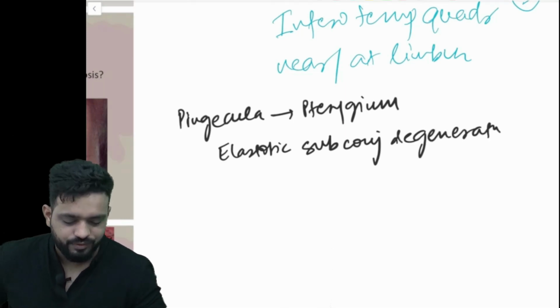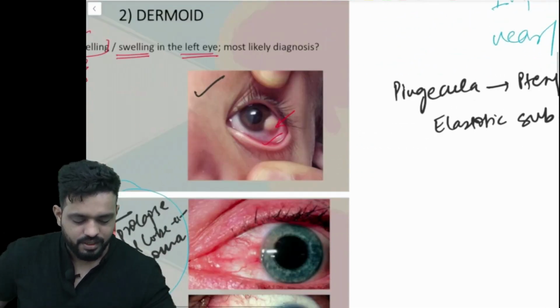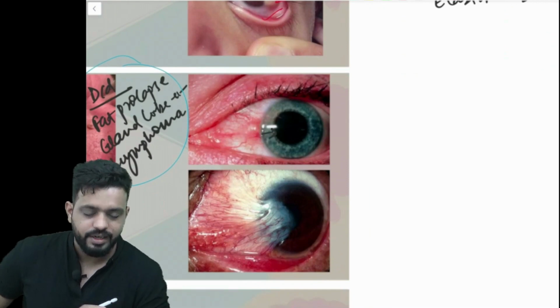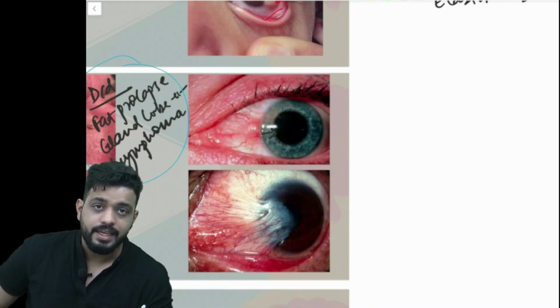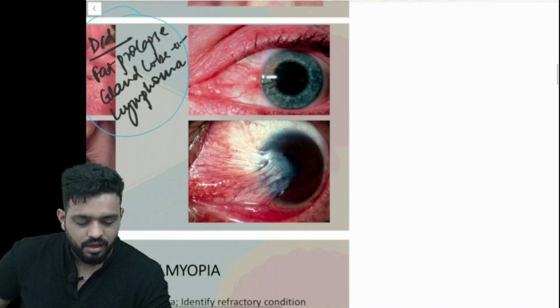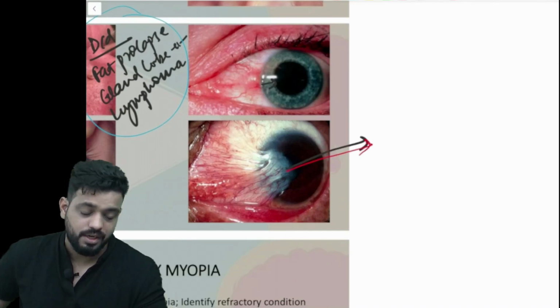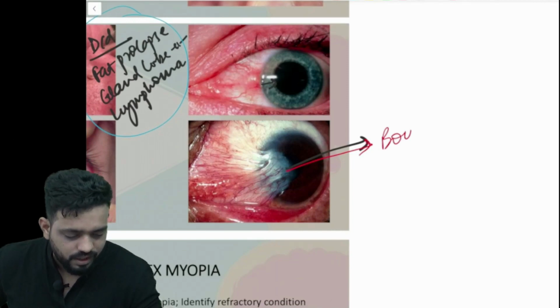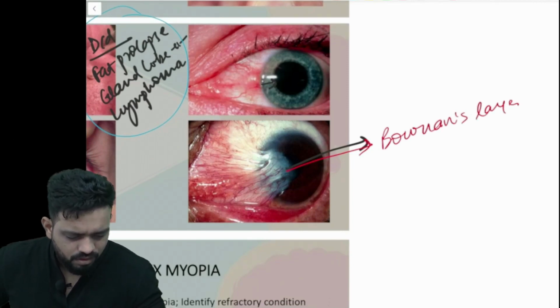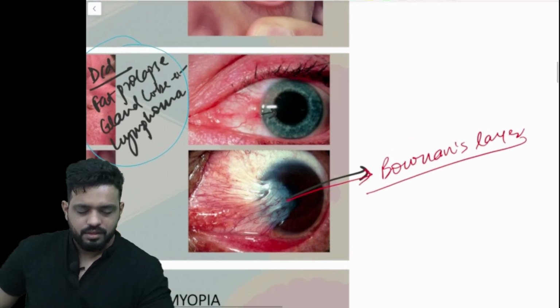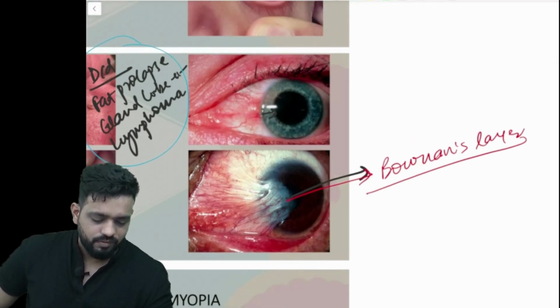The only difference is that pinguecula has not invaded the cornea. Pterygium invades the cornea. If I have to be specific, a potential MCQ is which layer of the cornea it invades, and that is Bowman's layer. That's it. So these two were out of question.